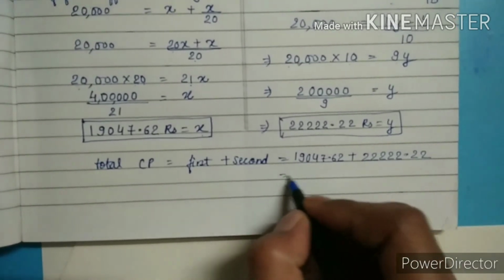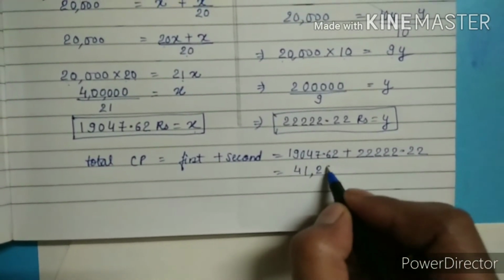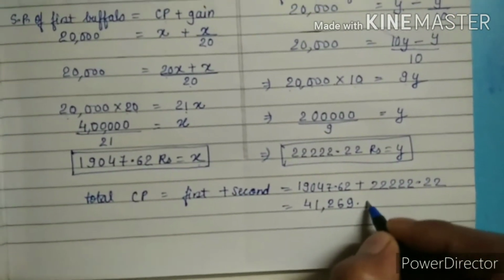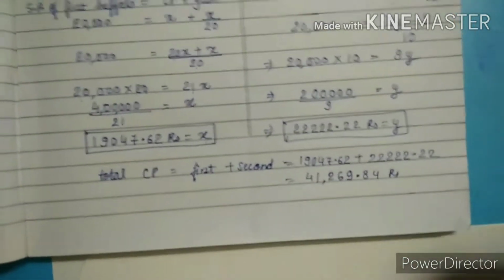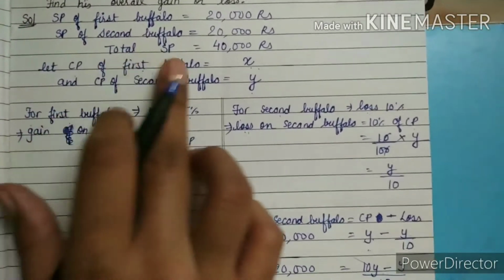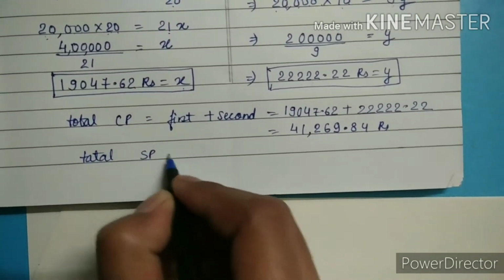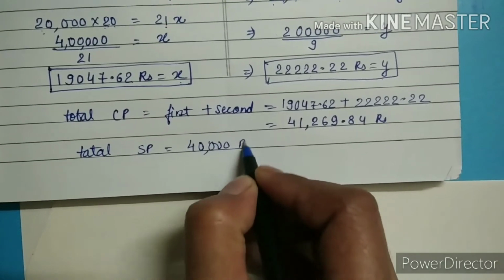After adding them, we get 41,269.84 rupees. Now you know the total selling price is 40,000 rupees.